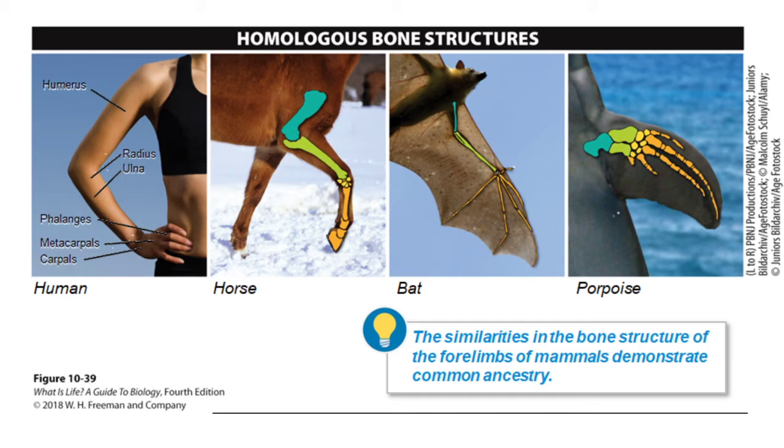Humans have the same setup for arm bones as the front leg bones of a horse, as the wing bones of a bat, and, crunched down and then stretched out later, the fins of a porpoise.